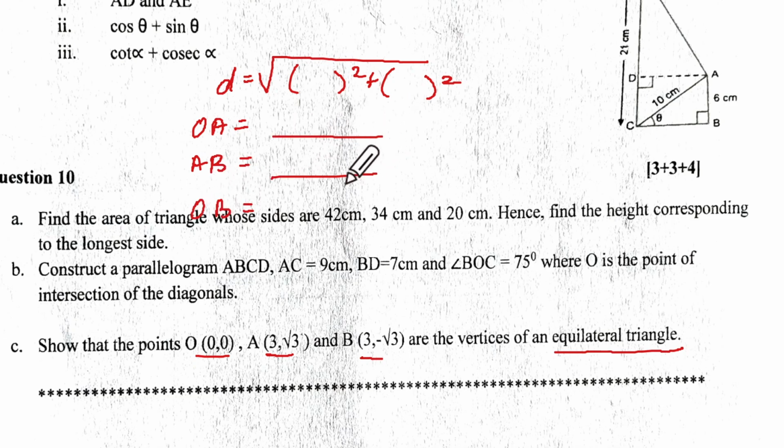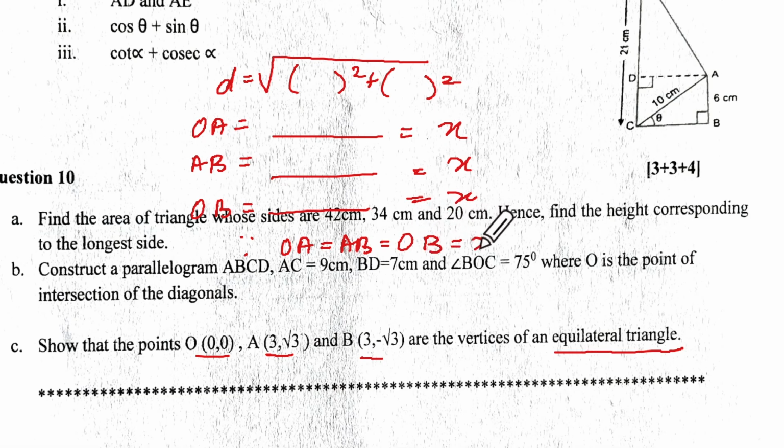Whatever you get, each one of them will be X. Since OA equal to AB equal to OB equal to X, therefore it is an equilateral triangle. So we have solved this entire thing.